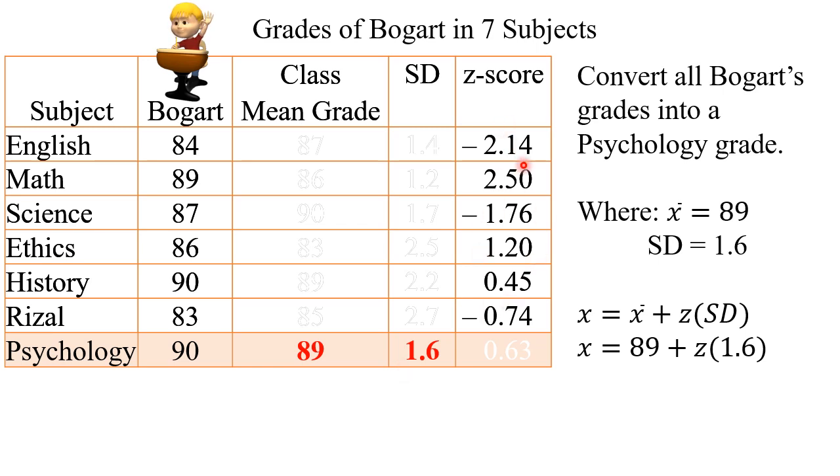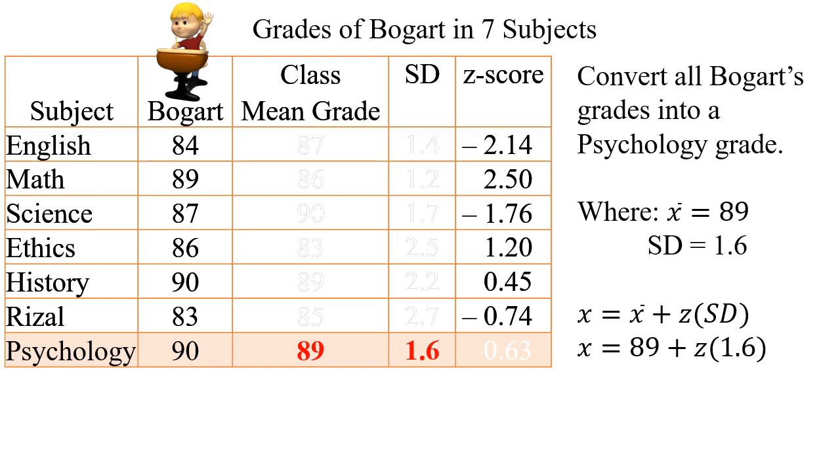All of these z-scores, class, will be substituted in this formula, and what we get is the equivalent grade in psychology. So if you want to convert the grade of Bogart in English of 84 into a psychology grade, it will change. Likewise in math, science, ethics, history, and Rizal, using this formula.